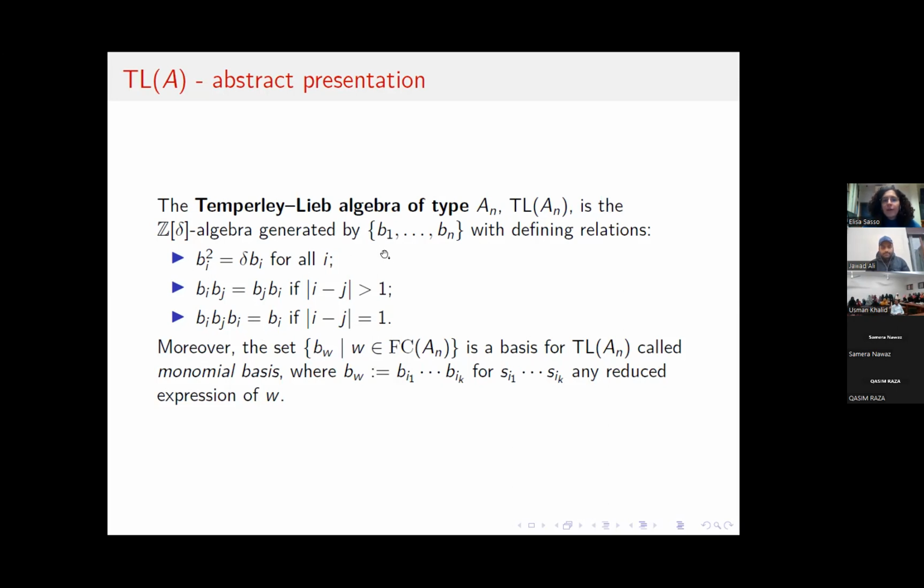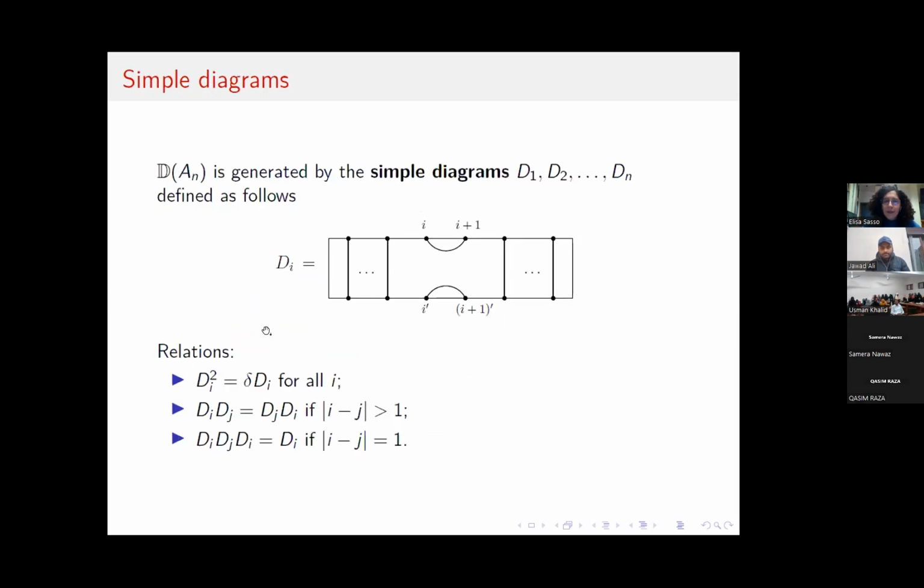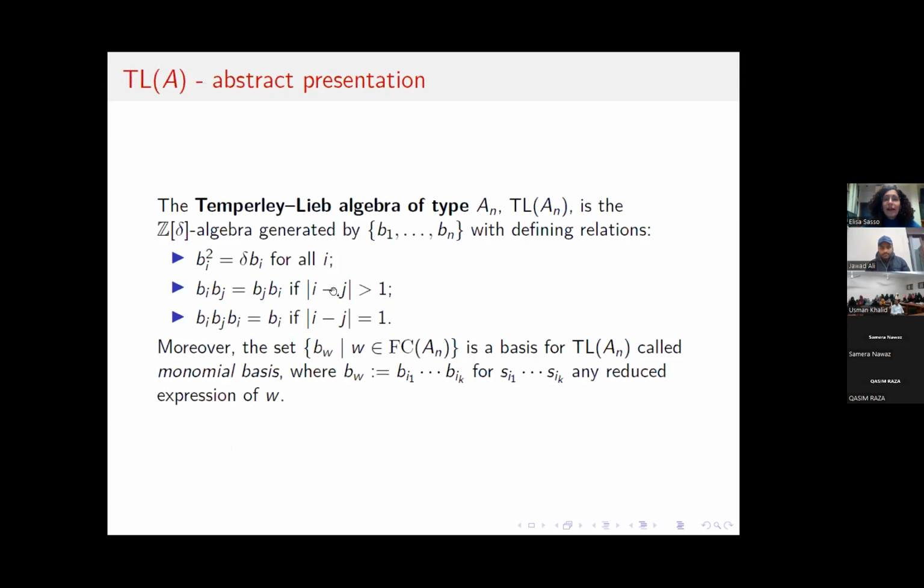If you look at these three relations, you can see that they are exactly the same as the relations satisfied by these simple diagrams. That's why I actually built these simple diagrams in this way. So they are exactly the same relations.